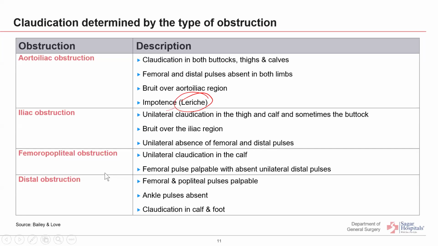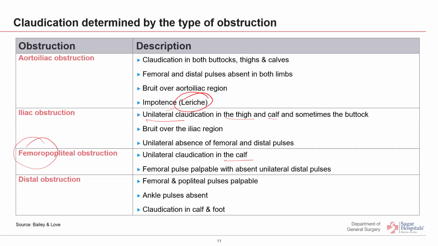With iliac obstruction, you will have unilateral claudication in the thigh and calf, and with femoropopliteal obstruction, you will have claudication in the calf. Here what you need to understand is why in the femoral artery, because usually the obstruction happens in the superficial femoral, which continues down as the popliteal and supplies the calf, whereas the deep femoral is the one which actually supplies your thigh muscles.